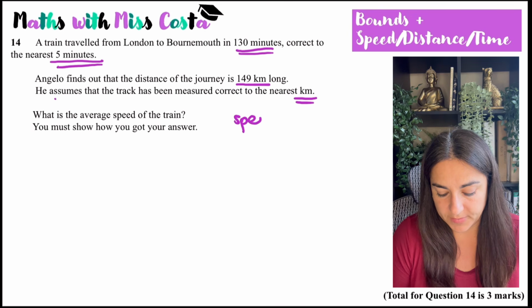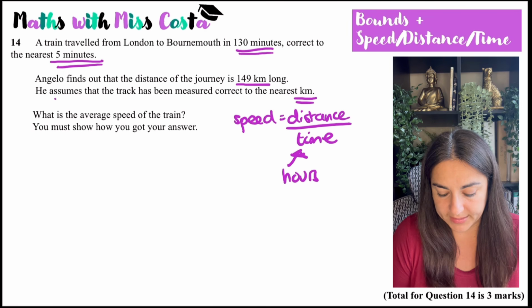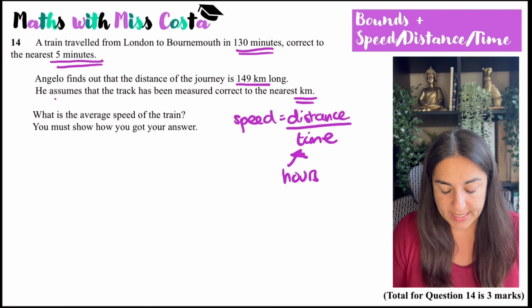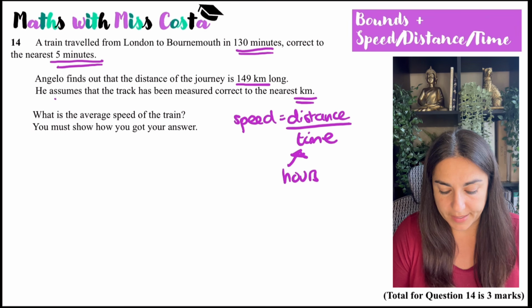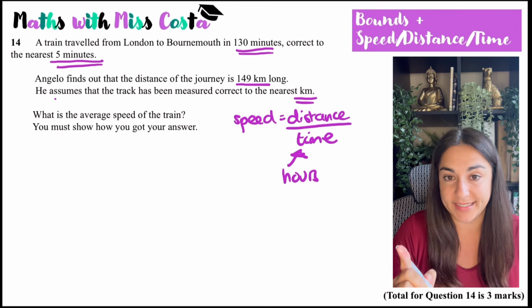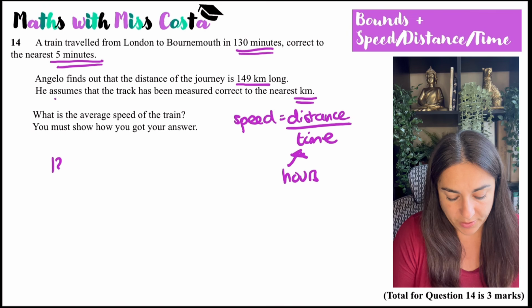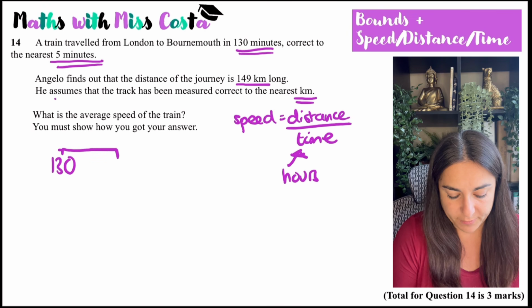So I know that speed equals distance over time, and I'm always going to want to have my time in terms of hours. So the first thing I could do is turn my minutes into hours, but first let's work out our bounds. So 130 minutes to the nearest 5 minutes.